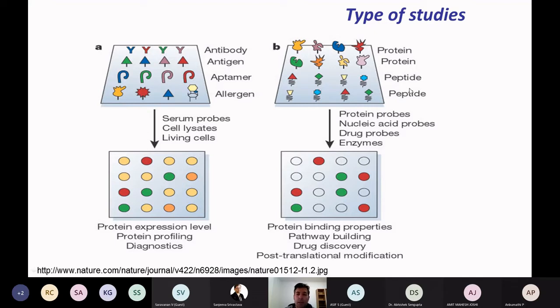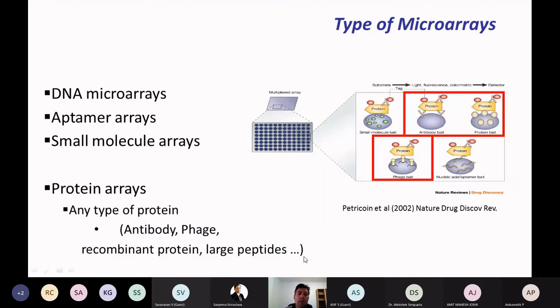If we print proteins or peptides and incubate with protein probes, nucleic acid probes, drugs, or enzymes, we can get information related to protein binding properties, pathway binding, drug discovery, or post-translational monitoring. Regarding the different types of microarrays, we can get DNA microarrays, aptamer arrays, small molecule arrays.